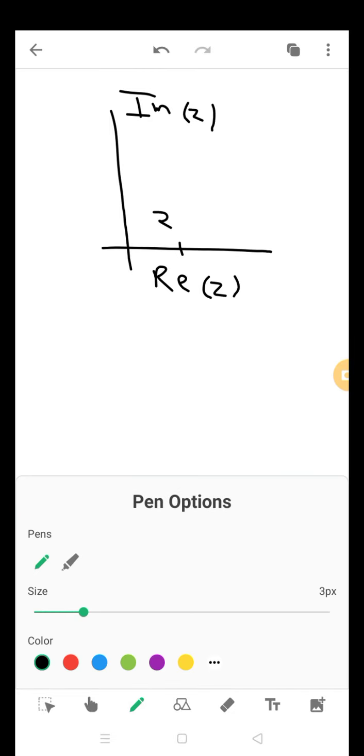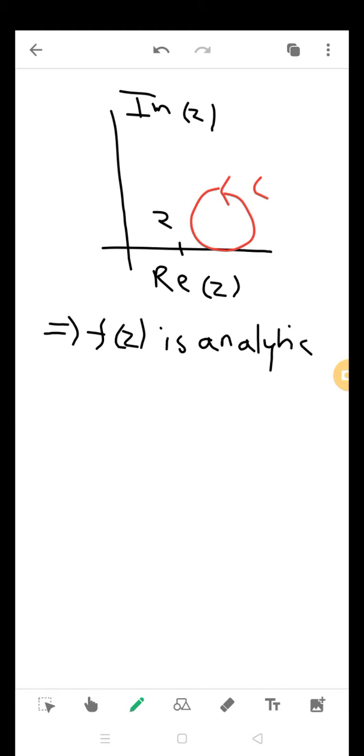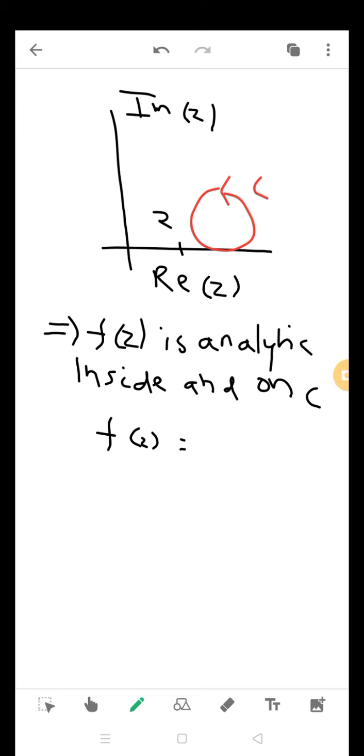If the contour C was like this, not including the singular point, then it implies that f(z) is analytic inside and on C, because there is no singular point.